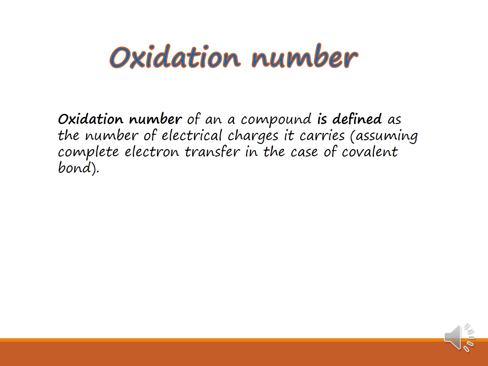The calculation of that charge is called the oxidation number. And on the basis of oxidation number, we are going to understand whether the element present in a compound is undergoing oxidation or reduction.